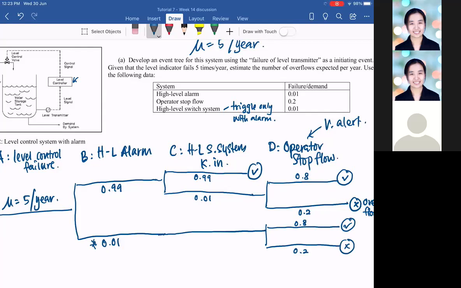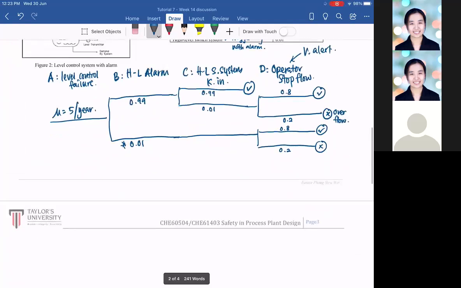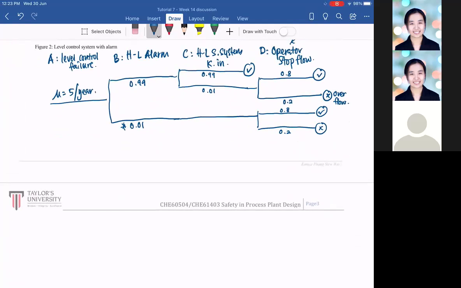So now we want to calculate how often this system fails with this setup. Okay, the level control failed 5 times a year with our high level alarm in place and also high level switch system in place. Let's calculate that. Okay, so now I'm going to highlight this.